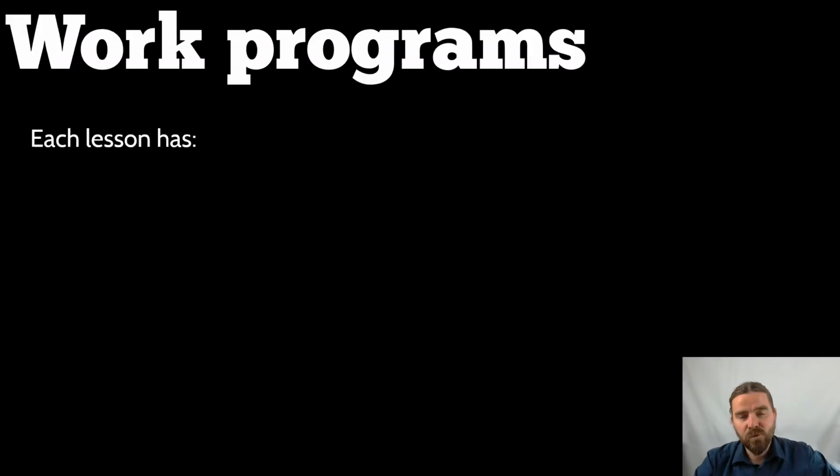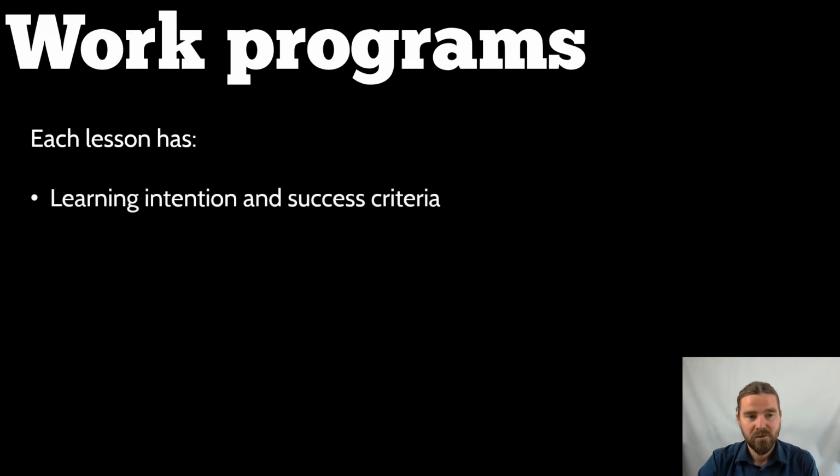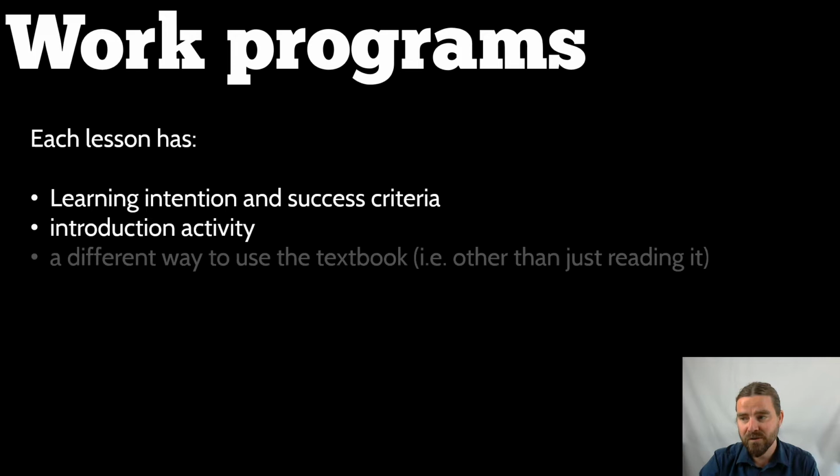So we've got a huge document for each chapter in the book called a work program, and in that work program is basically a lesson plan for every single one of the chapters. So each work program for each lesson has got a learning intention and success criteria. It's got an introduction activity.